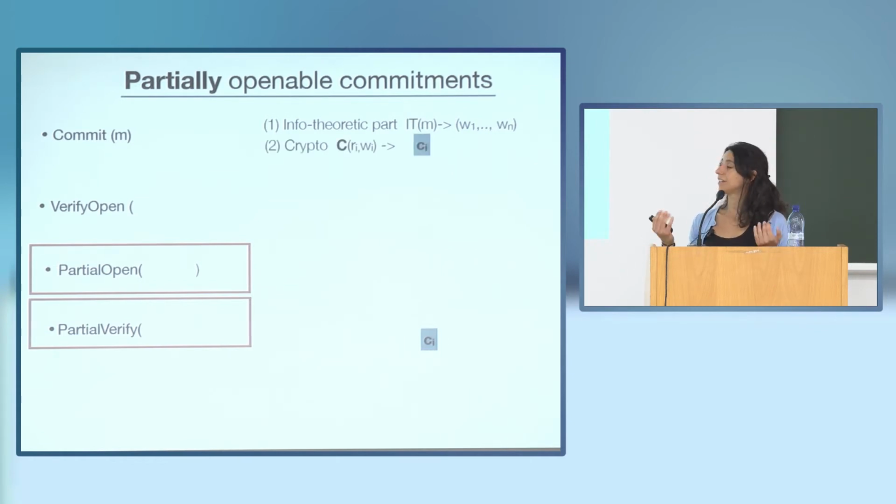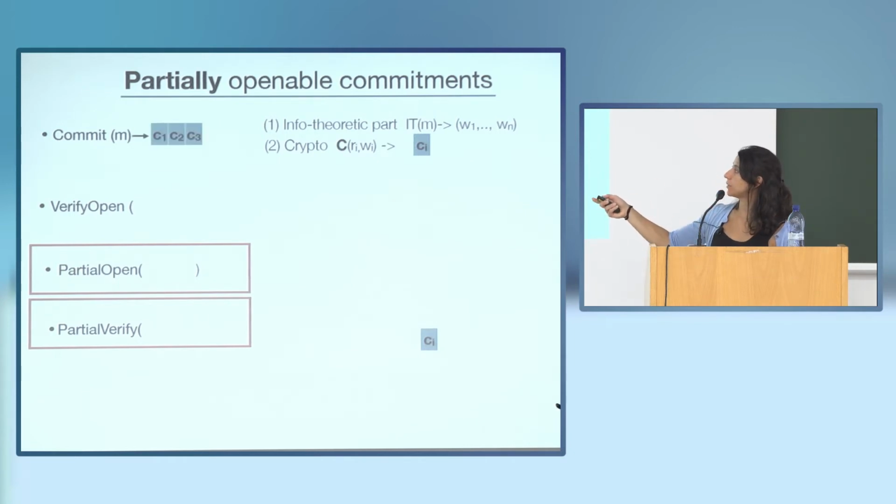And then you have the crypto part. It's important that the crypto part acts on each sub part of the information theoretic part. So you do crypto on each piece. At least that's how the definition goes. When you don't care about succinctness, this definition is good enough. This is probably not good enough when you care about succinctness.